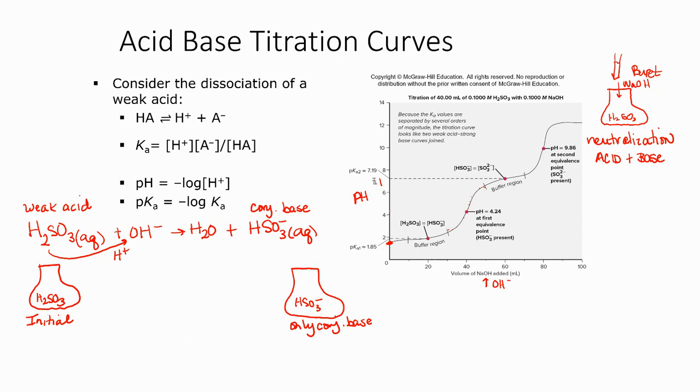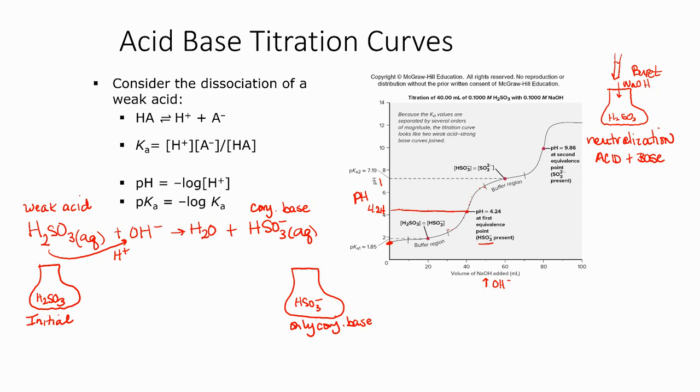If you had this, let's say on an Excel file, you could read that point, which is essentially what they did. So that's reading 4.24 on this axis. That's where you have only conjugate base. You see how it's just HSO3 minus.